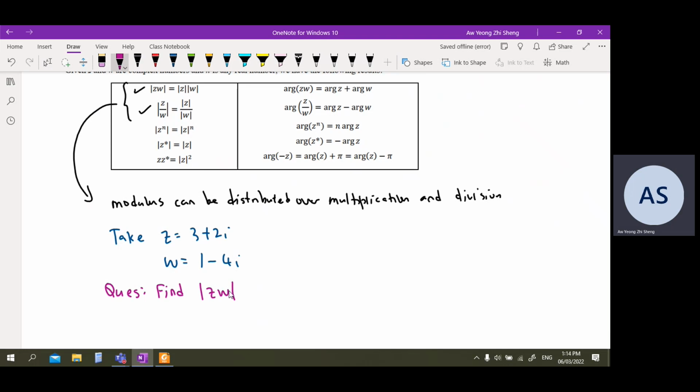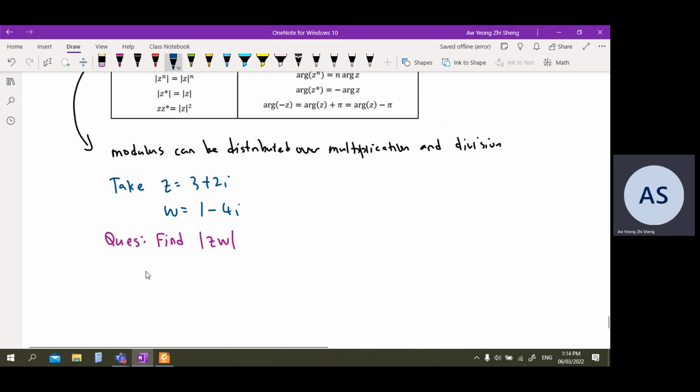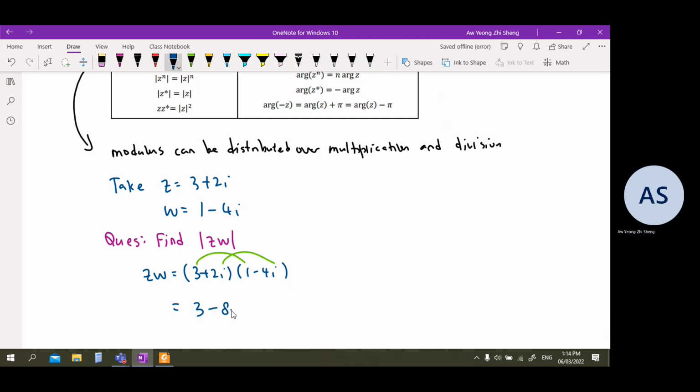If we do not apply this property, you can do it in a more traditional way, where you first multiply z and w. 3 plus 2i times 1 minus 4i. The real terms are 3 and minus 8i squared, and the imaginary terms are 2i and minus 12i.